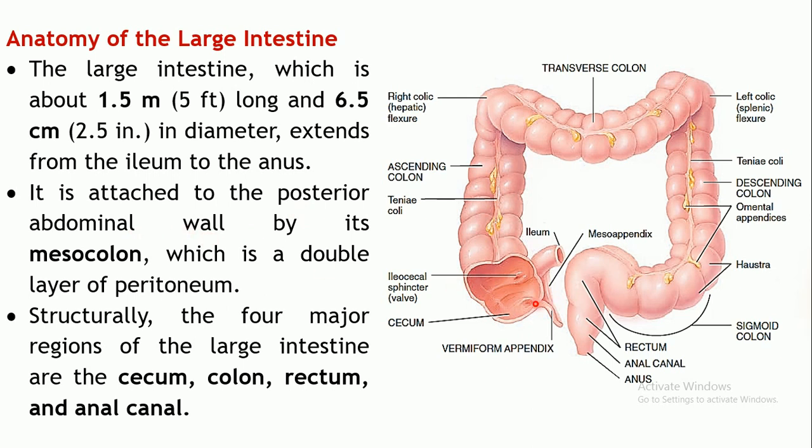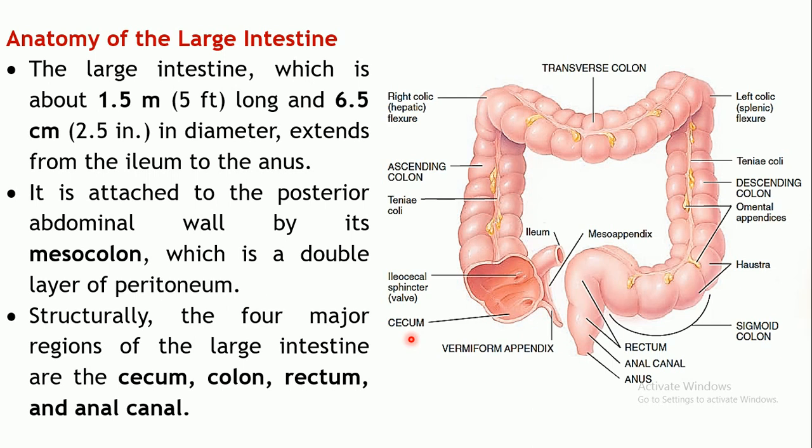Now structurally, the large intestine can be divided into 4 major parts. The first part, which begins at the end of the ileum, is called the cecum, which is the first part of the large intestine. Just like the small intestine is divided into 3 parts, duodenum, jejunum and ileum, similarly here the large intestine can also be divided into 4 parts.